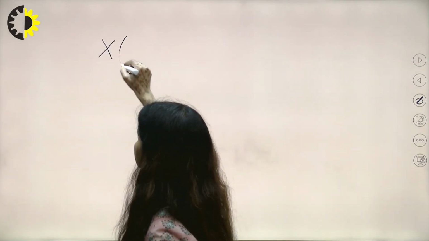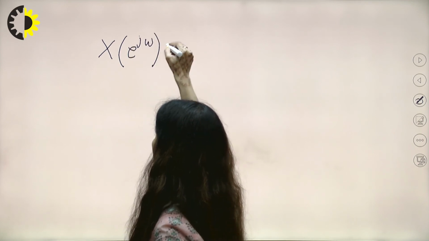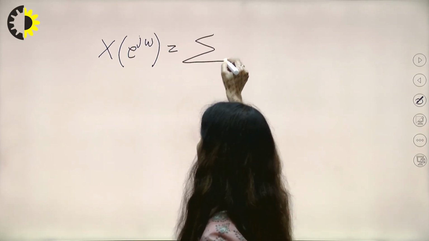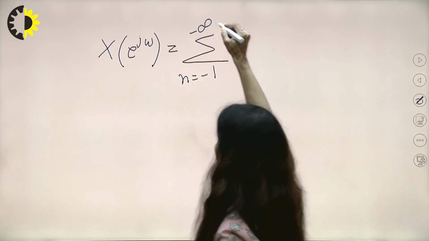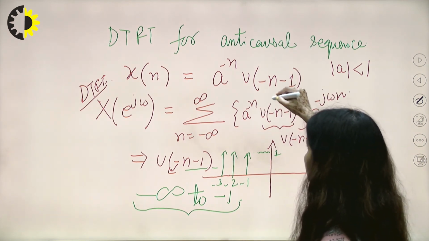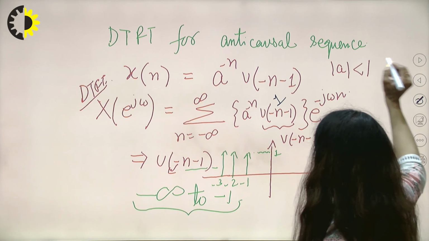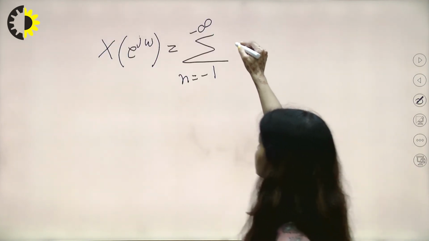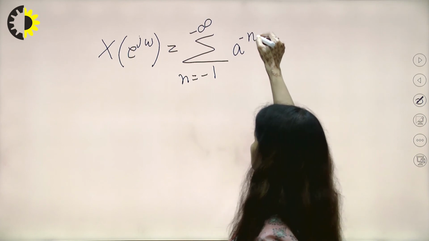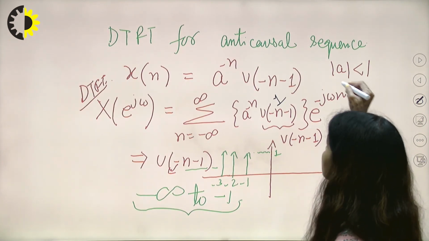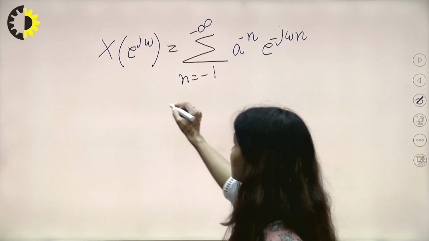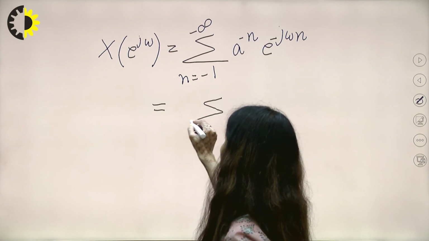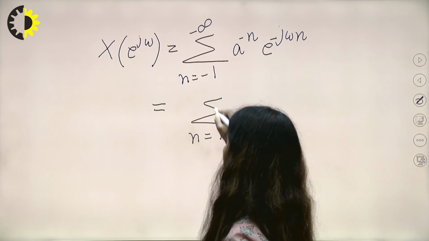So here we need to solve X(e^{j omega}), and now my limits will be from n equal to minus infinity to -1, where u is now 1. So we have a raised to the power minus n times e raised to the power minus j omega n.